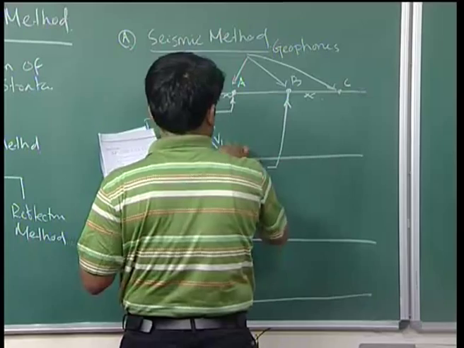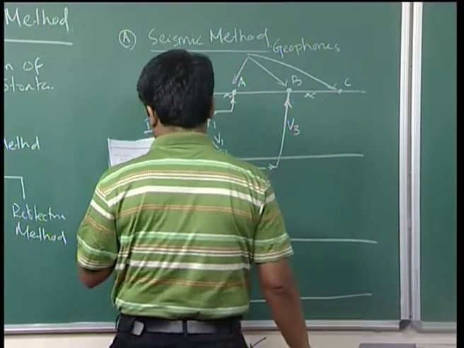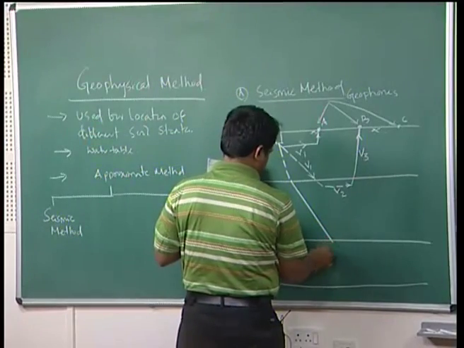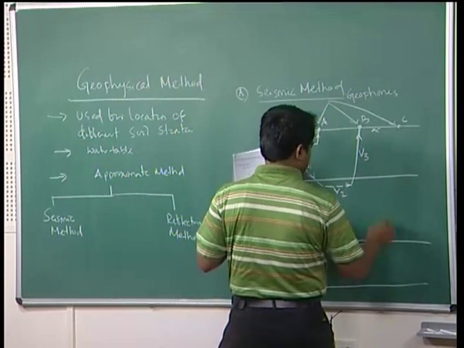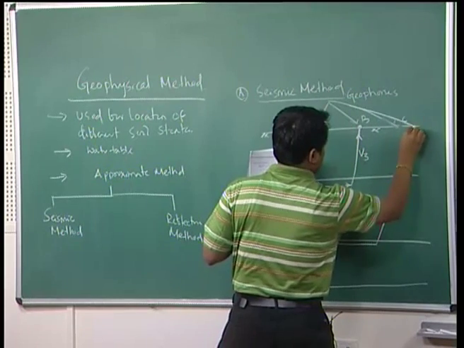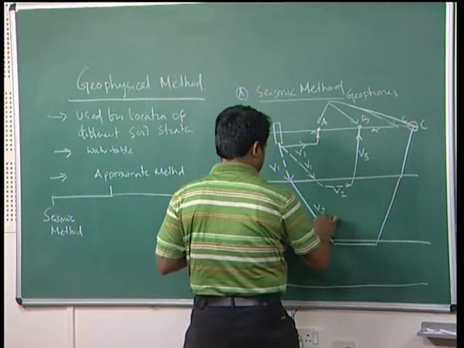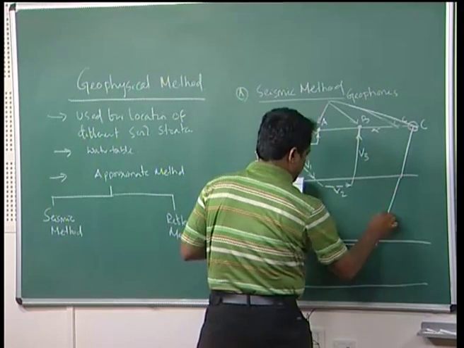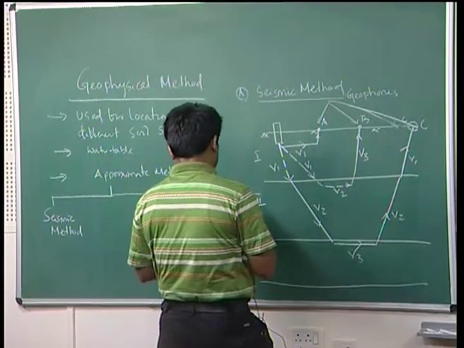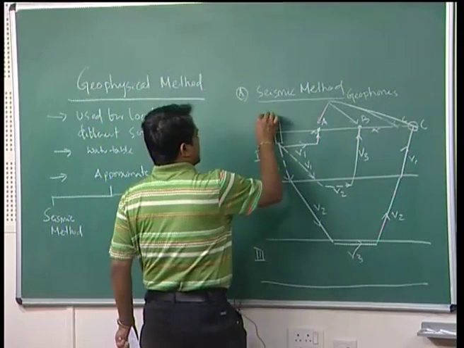This is V1, V2, V3, V1, V2, V3, then V2, then V1. So, this point is O.